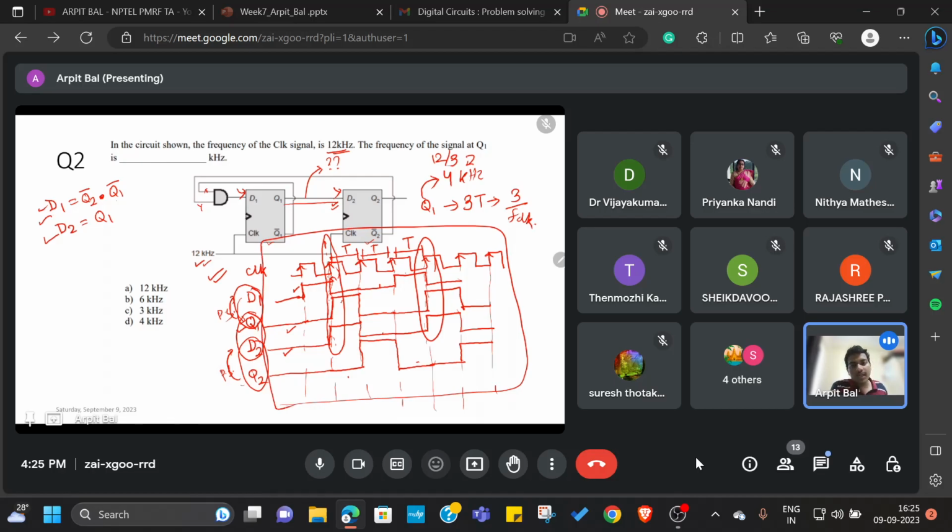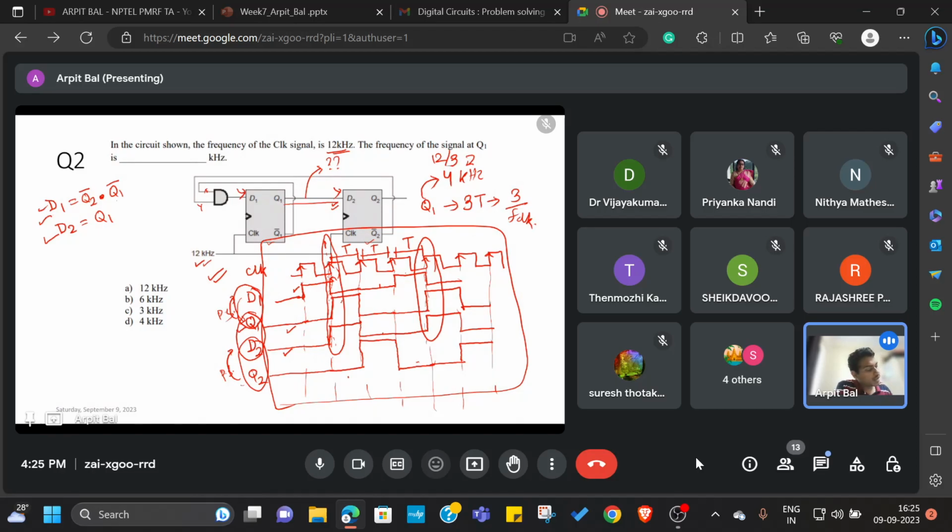Once I have drawn the timing diagram, what I look for is when a particular value is going to repeat itself. When a particular value repeats itself after a certain time, that becomes its time period. That is the definition of time period, and 1 by that time period is your frequency.